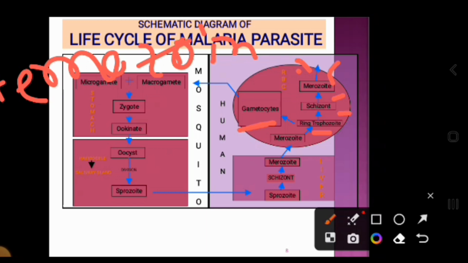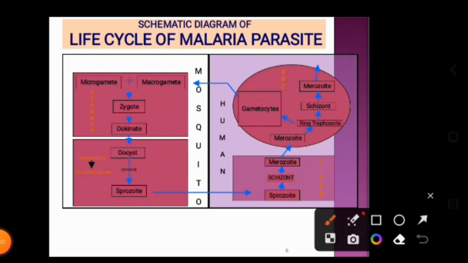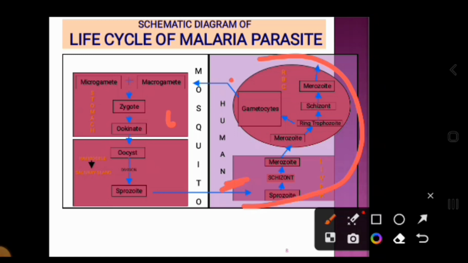the sexual reproduction. As we have already discussed, the sexual reproduction does not occur in the human body. So all these stages occur in the human body, and the sexual reproduction occurs in the mosquito's body. For sexual reproduction to occur, the gametocytes must enter the mosquito. How do they enter?